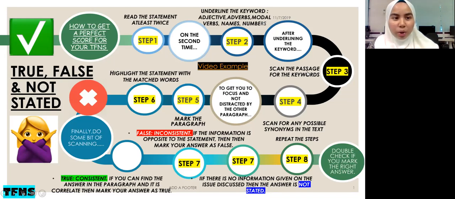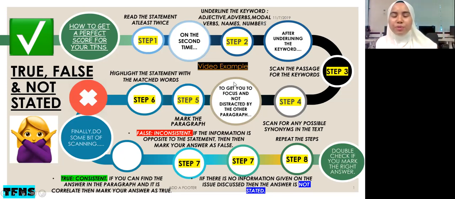Why? Because this is to make sure that you actually focus on what the statement is related to. After you have scanned the passage for the keywords, it is important to also scan any possible synonyms that you can find in the text. It can either be synonyms or any kind of words that have similar meaning to the keyword.